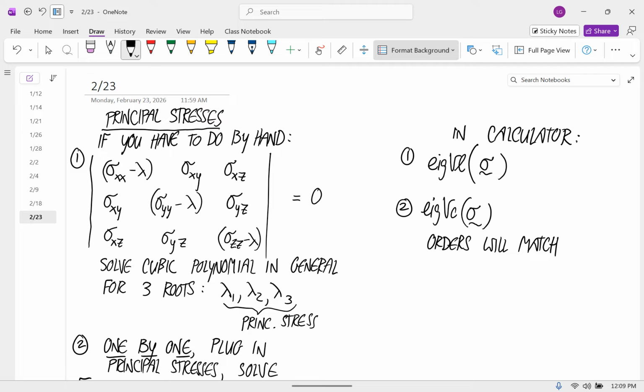Anybody have any questions left over about principal stresses? Did you say if we use Wolfram Alpha, it gives us the unit vector, so we have to divide by the... It does not give you the unit vector, right? So you have to divide by the magnitude yourself. Bummer. But actually, Wolfram Alpha will do that calculation for you too. It just doesn't do it automatically for some reason.